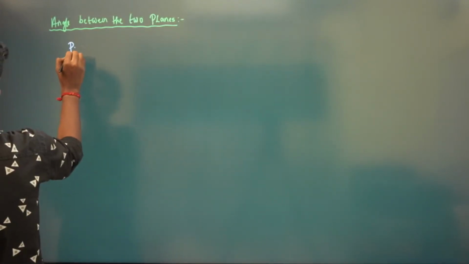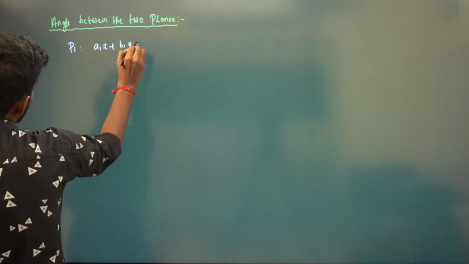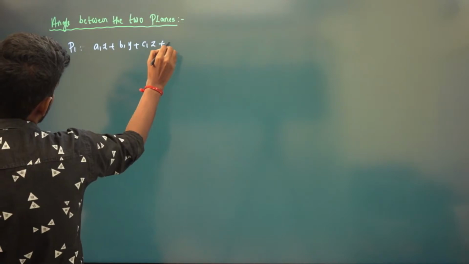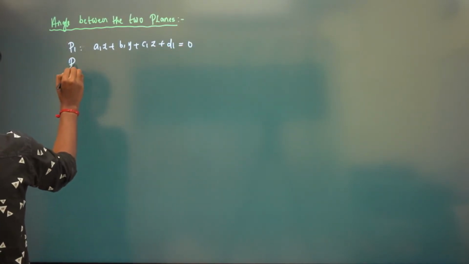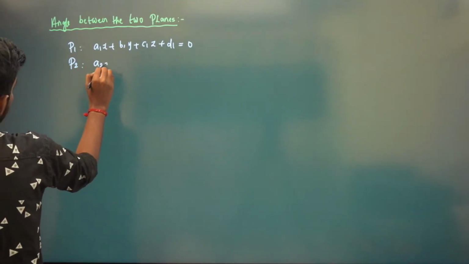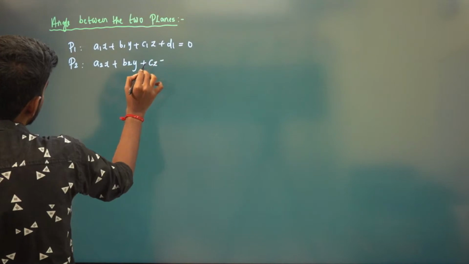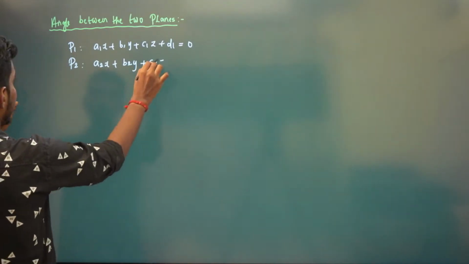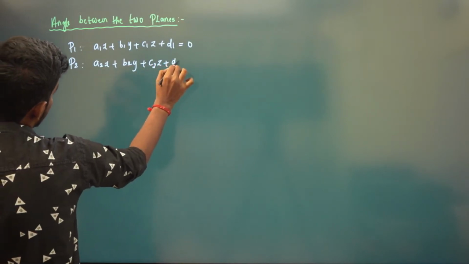So let us take two planes. We have the first plane, let us say it is a1x plus b1y plus c1z plus d1 is equal to 0. And we have the second plane a2x plus b2y plus c2z plus d2 is equal to 0.